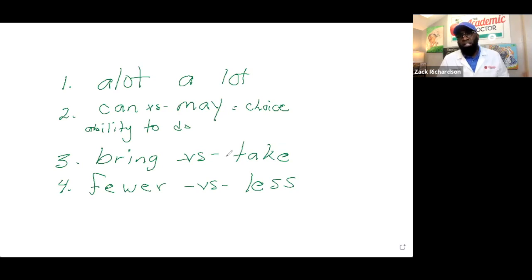Now the word less can be somewhat tricky. Less is things you cannot count. Like we start talking about talent. He or she has less talent than I. Well, I can't really count that. I may make an opinion about someone's talent, but I can't really count that. Or if I said, hey, scholars, we have less than an hour.